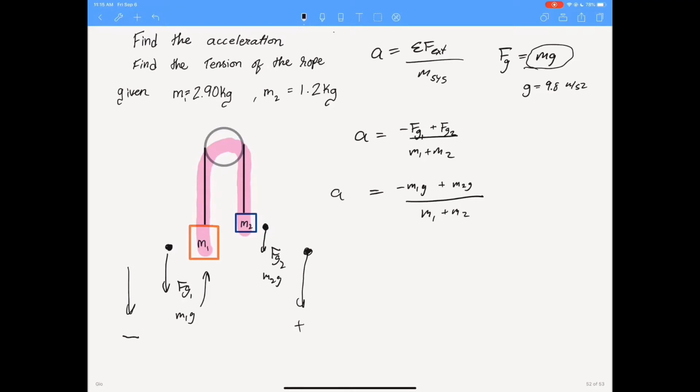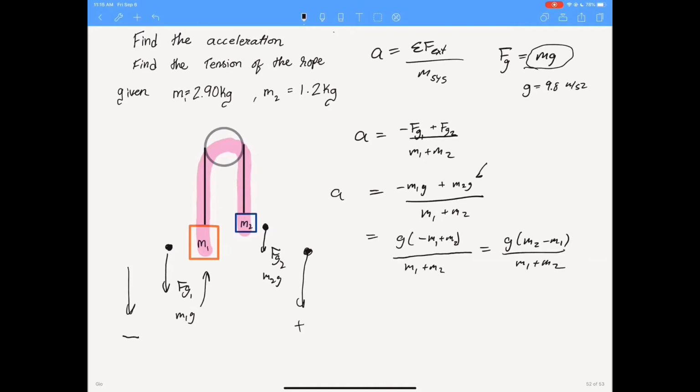All right, we can factor out a g to make this simpler. So g times negative m1 plus m2, and to make it look a bit better, g times m2 minus m1 over m1 plus m2.